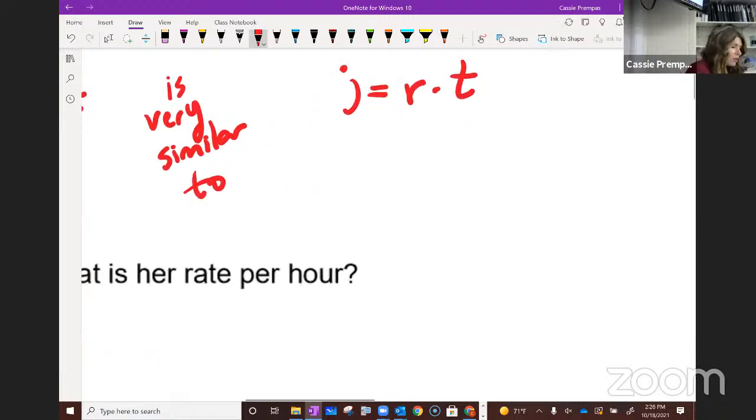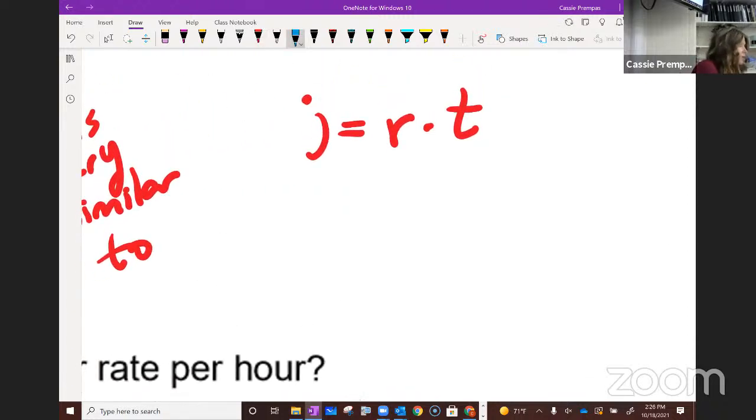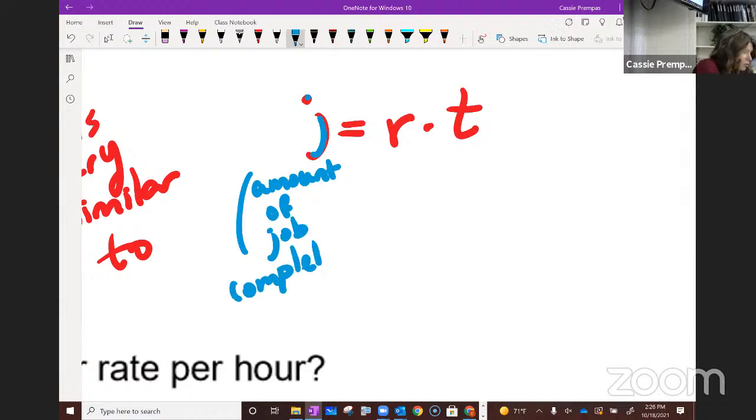Now I know that this is new for us, so let's add some units to this equation. J represents the amount of job completed, and this is usually 1. It's not always 1, but typically we're looking at completing one job.